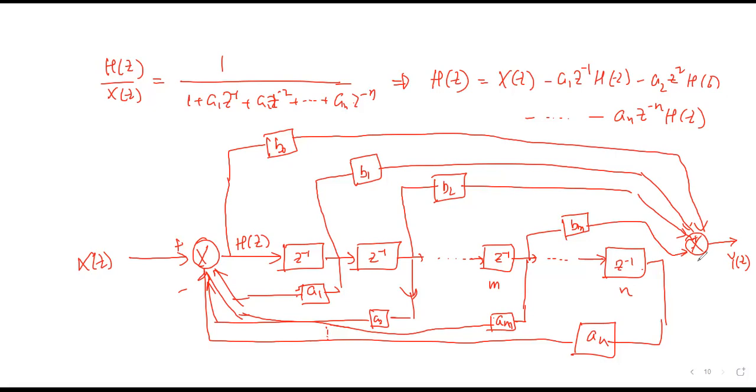So instead of using n plus m number of delay elements in this method, we are using n, which is the higher one, and we assume that n is higher than m. That is why we are using n number of delay elements and sharing them between the input and the output.